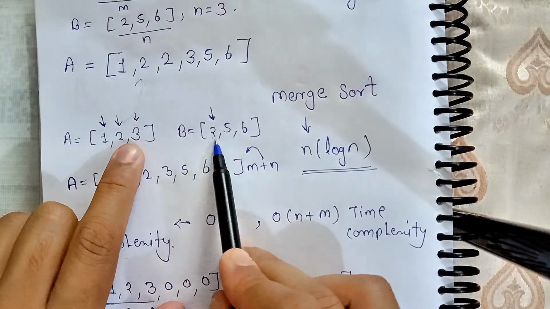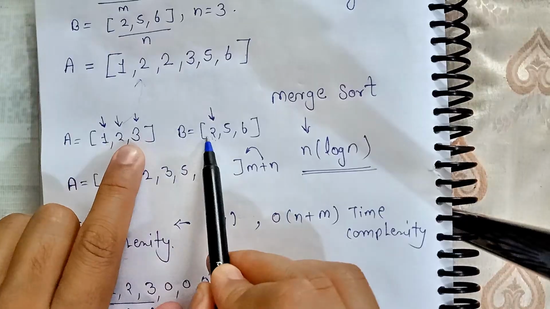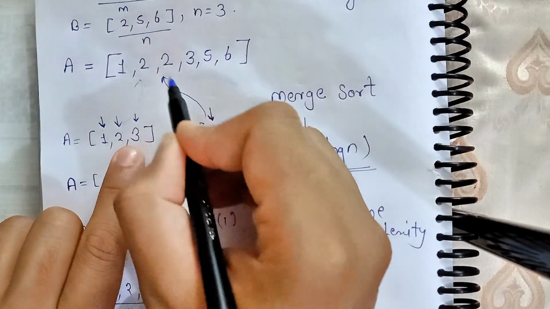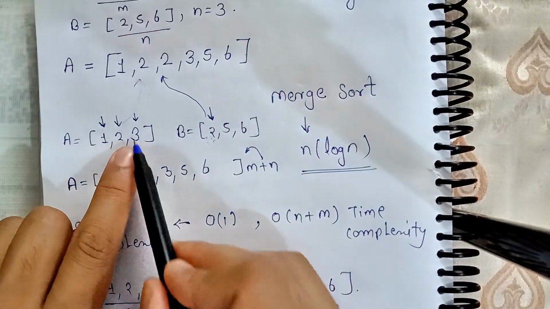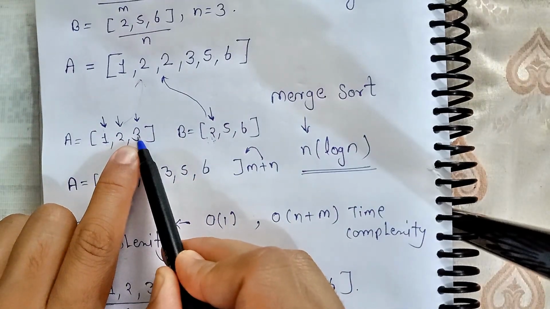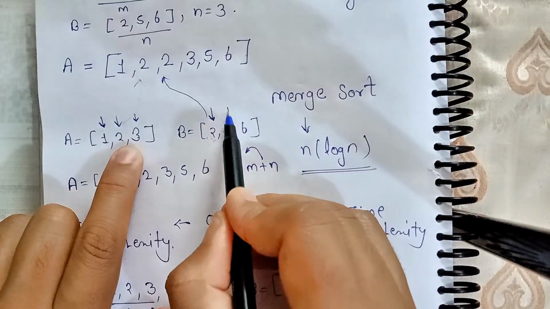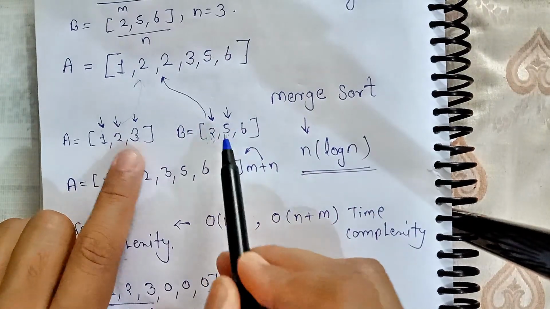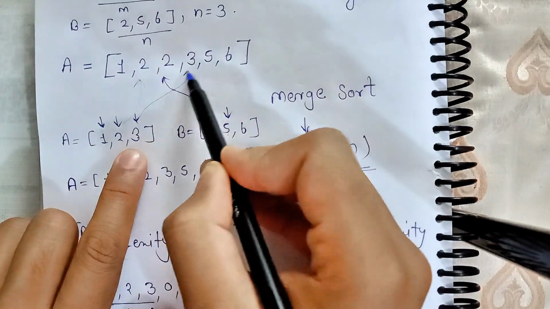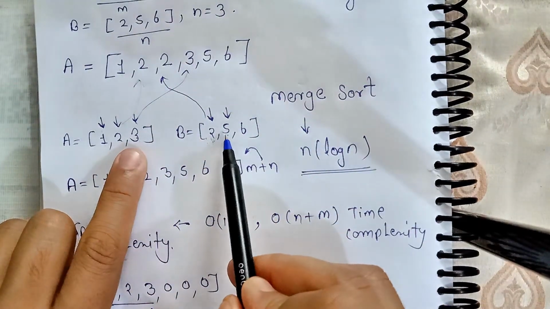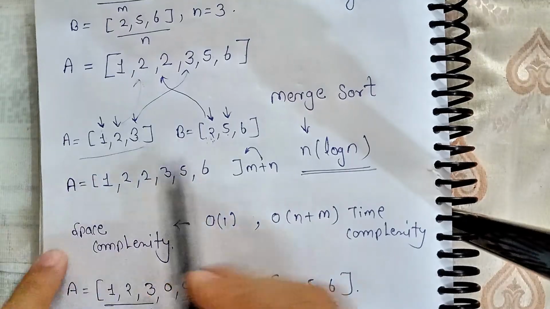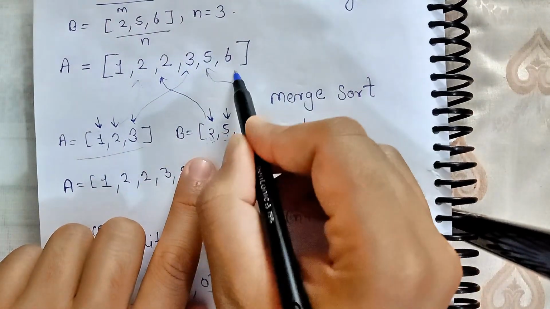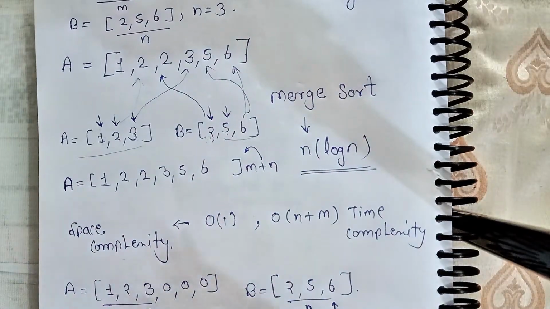After this we compare these two values, and this value is less, so it remains over here itself. Now we increase the index. Comparing these two values, 3 is smaller, so we enter 3 over here. So this array is over. Now the remaining elements will be stored over here. So this is the logic.